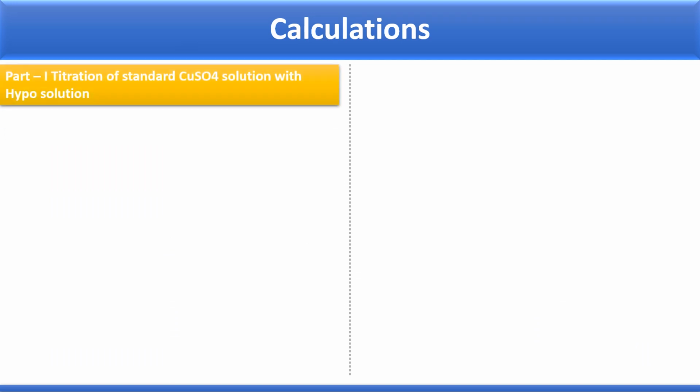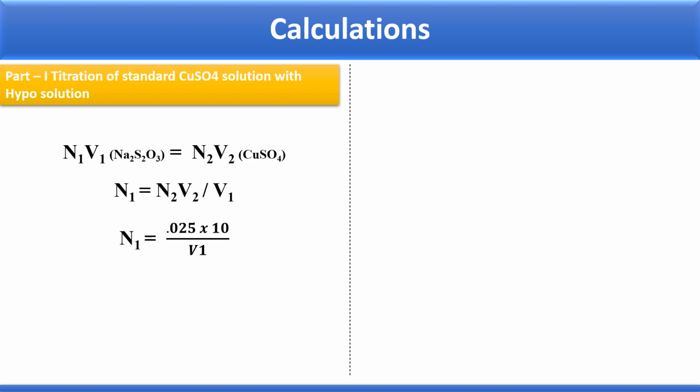Calculations. Part 1 calculation, that is the titration between hypo solution and the standard copper sulfate solution. N1 is the normality of hypo solution, which we have to determine in the first step. V1 is the volume of hypo solution used with the standard copper sulfate solution.